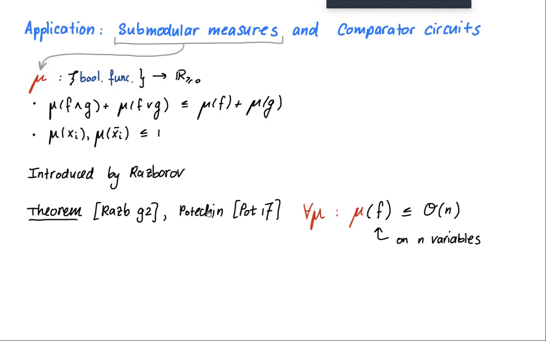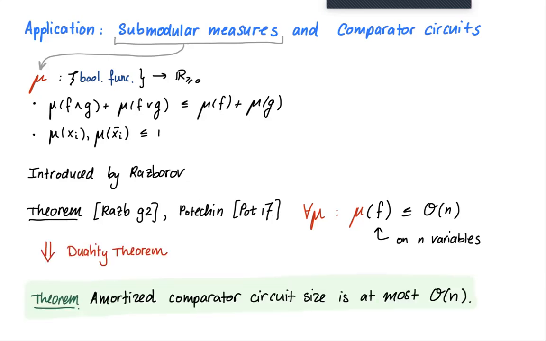Potassian later made a more concrete, explicit construction for this. What we can do is apply our duality theorem to the theorem of Robere, because these submodular measures turn out, if you look at them, to be exactly the functions mu that are G monotone for the comparator circuits.